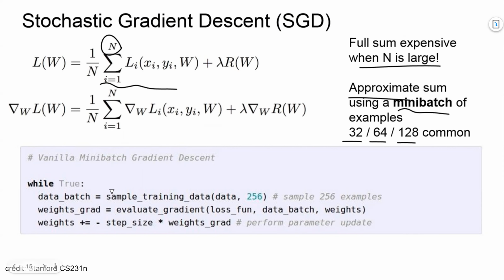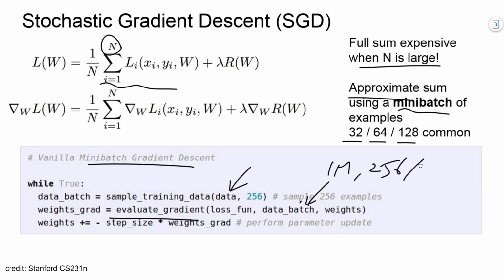So in the previous example, we passed all the data points here to calculate the gradient. However, for mini batch gradient descent or stochastic gradient descent, rather than passing 1 million data points to evaluate the gradient, we pass only 256 or 128 or 64 or 32 data points.